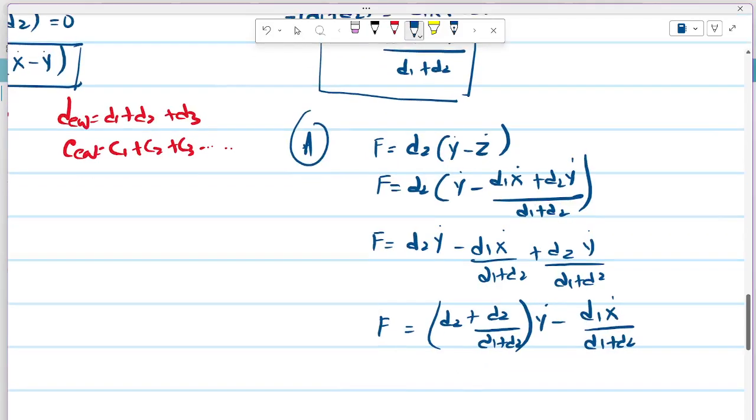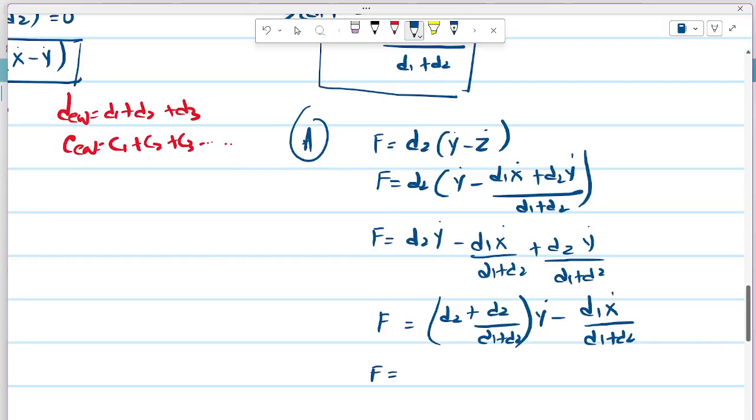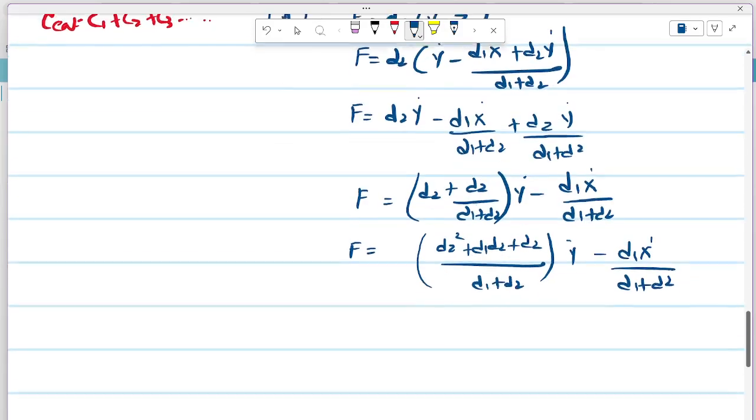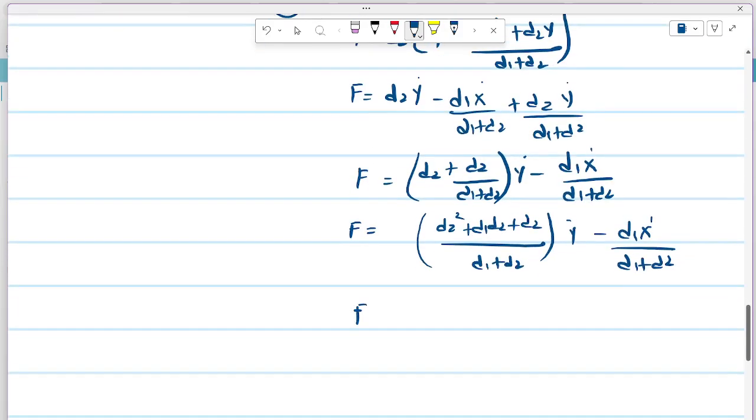Then you can take the LCM for this one, that will be d2 squared plus d1 d2, and then we take 1 over d1 plus d2 as common, and d1 as common.